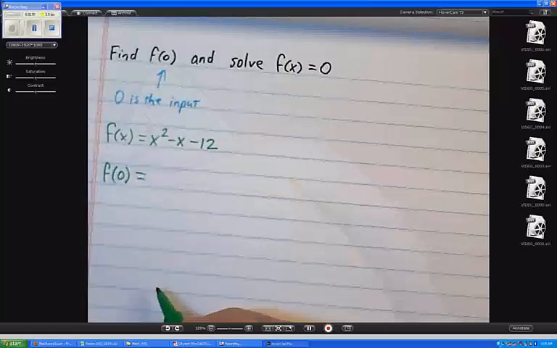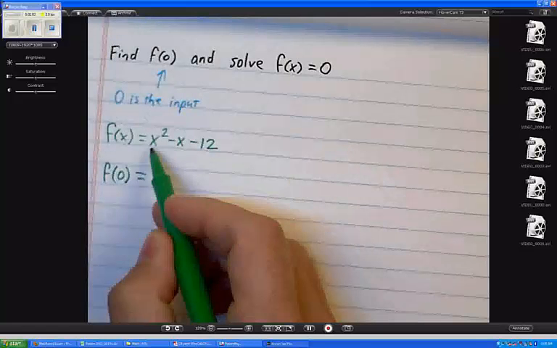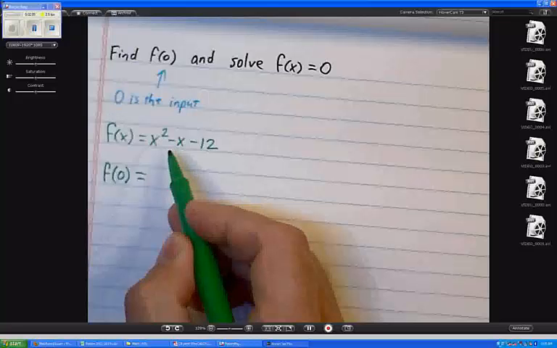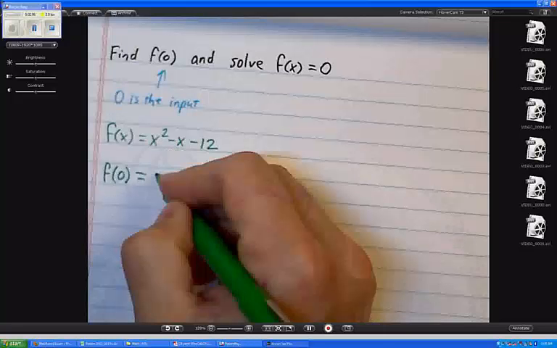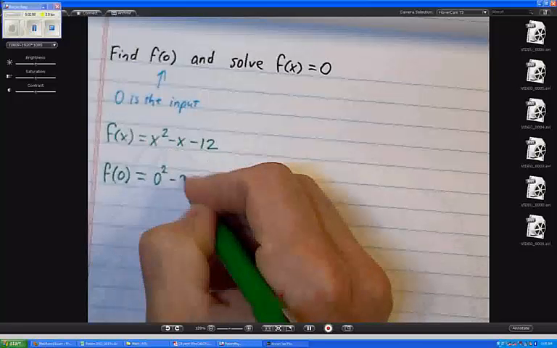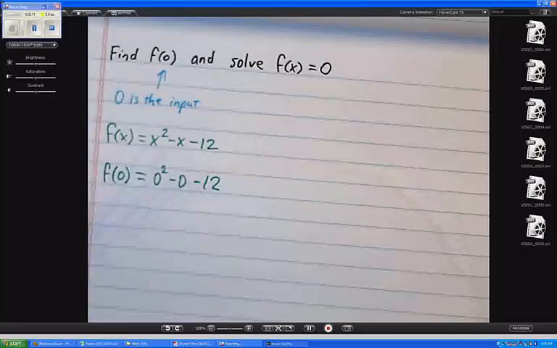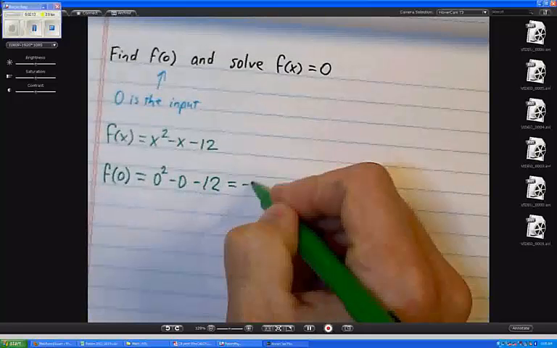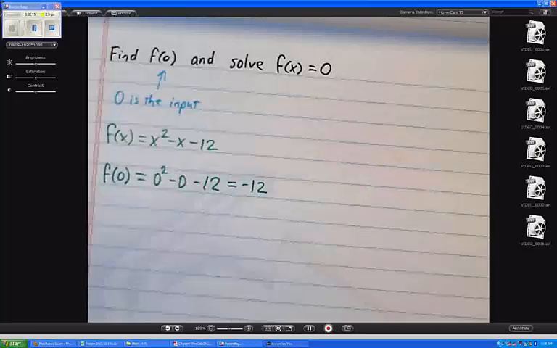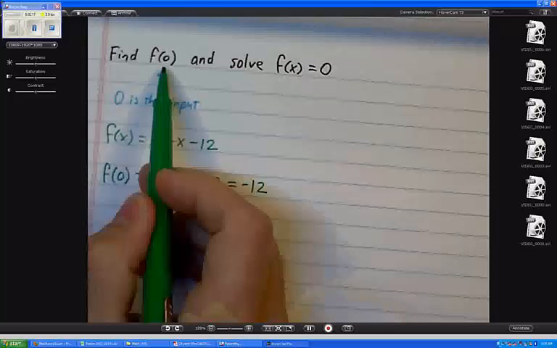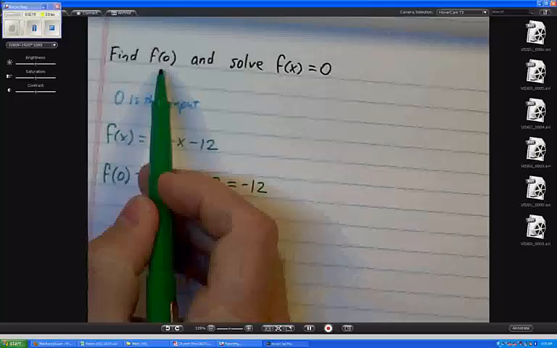F of 0 is, well, that means everywhere there's an x, I'm going to write a 0. So let's do that. 0 squared minus 0 minus 12. And that equals negative 12, okay?